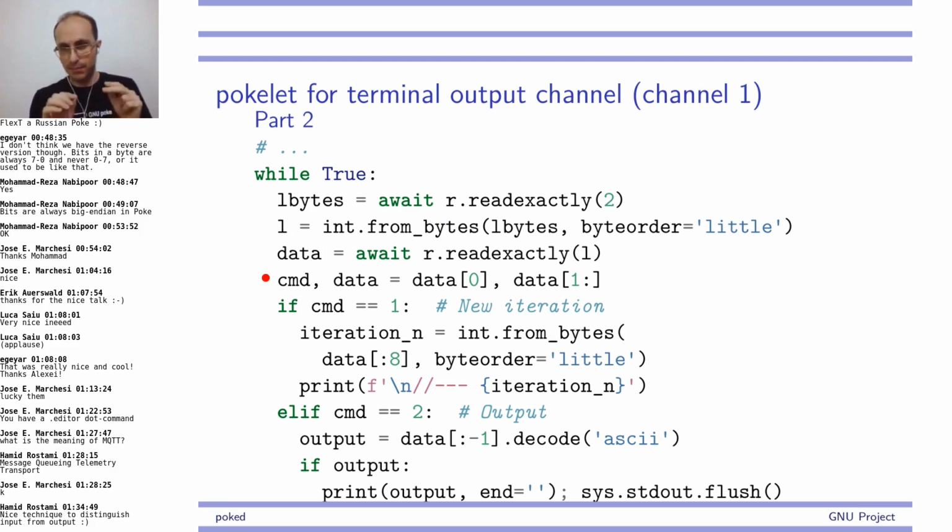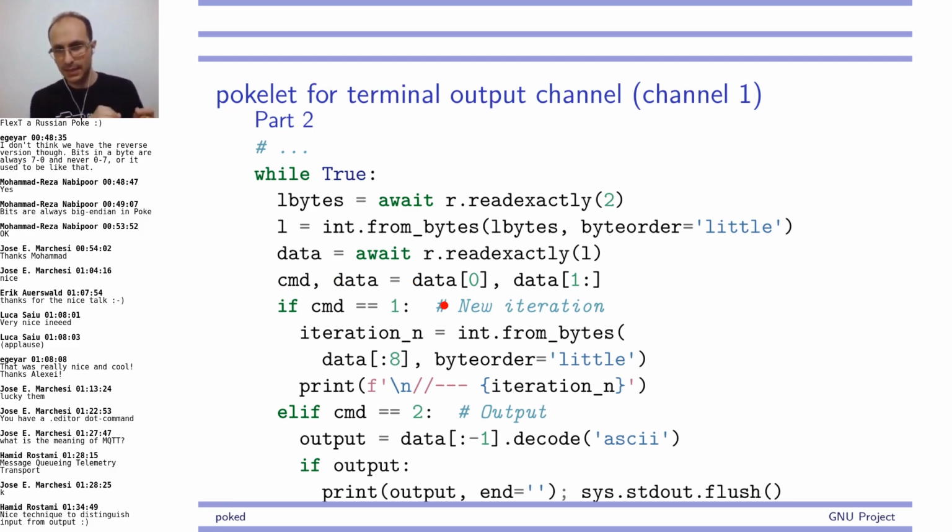In this program, the poke out, the convention is that the first byte designates the kind of data we're receiving. So here you see the first byte I'm putting into the command, and the rest of the data goes into data.